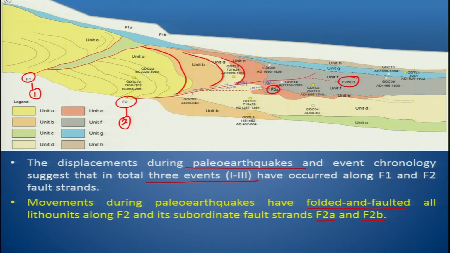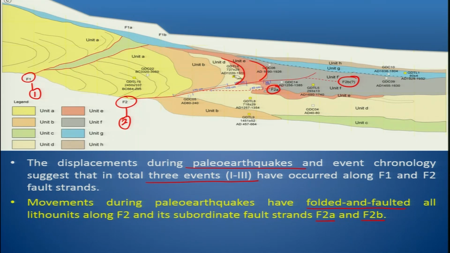This was again a very important observation which we were able to identify from the trench log. I'll explain this. This is typical of what we were looking at in the sandbox model: if you have a low angle fault which is bending close to the surface, then you will have fault propagation folding along the tip of the fault.